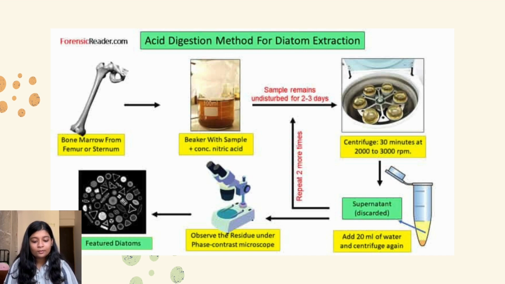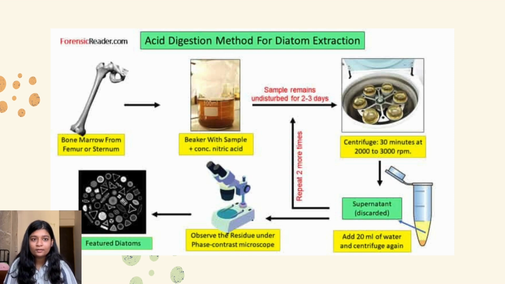We'll leave the sample undisturbed for 2 to 3 days, and then later the sample is taken and centrifuged for 30 minutes at 2000 to 3000 rpm.